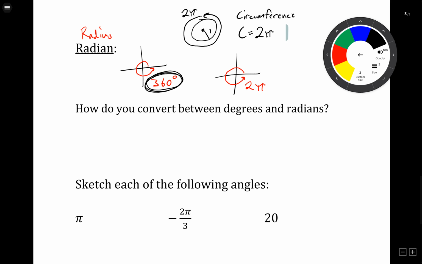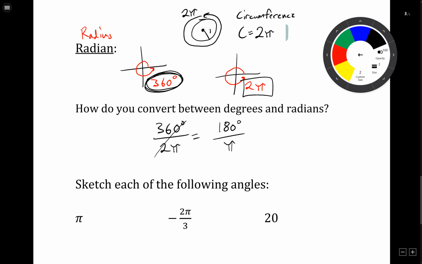So radians are this different way of measuring angles where I'm measuring in terms of 2 pi being the whole way around. So how do I convert between degrees and radians? Well, I can use the conversion factor 360 degrees over 2 pi, which, if I simplify the 2 and the 360 degrees, simplifies to 180 over pi.